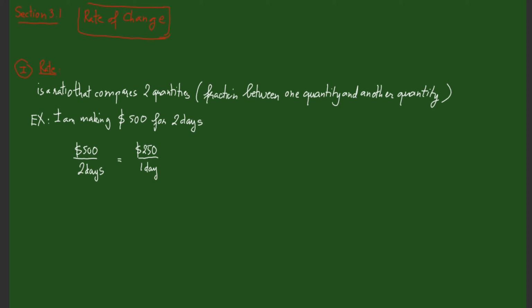So if the bottom is 1, it's not just the rate. We call this the unit rate, because the denominator is 1.